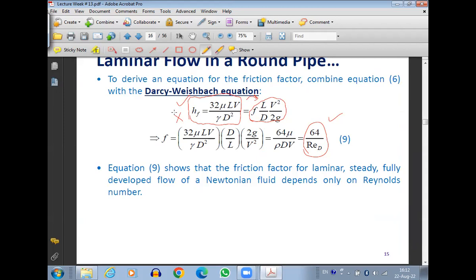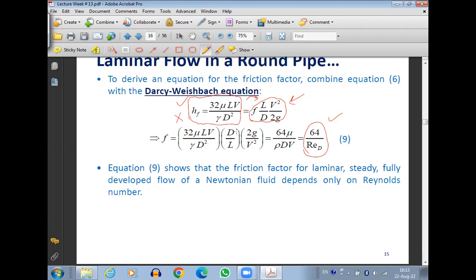However, the general format of the Darcy-Weisbach equation remains the same for head loss. So this formula is the general format, and you can use it. But even if you want to use the general format, the first thing you need to know is the friction factor.